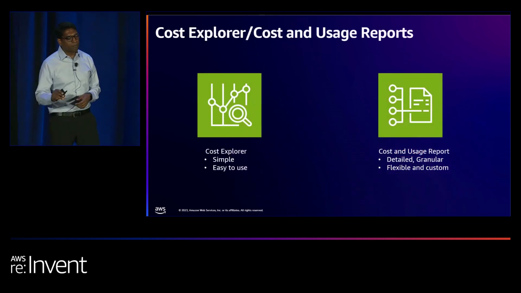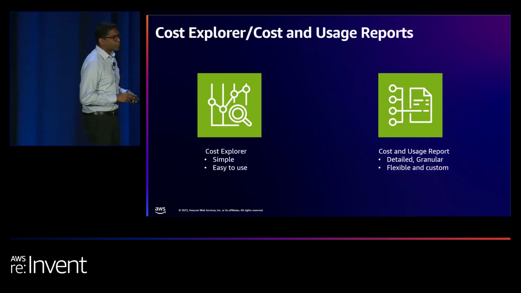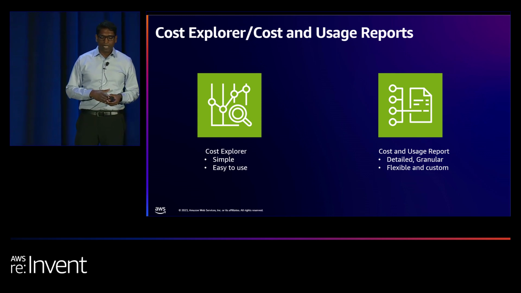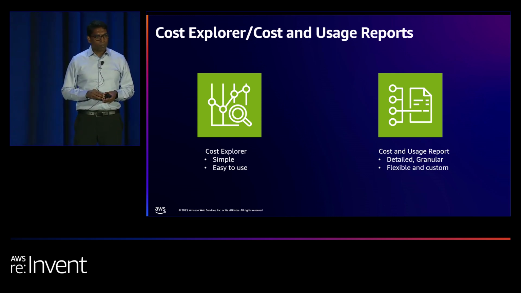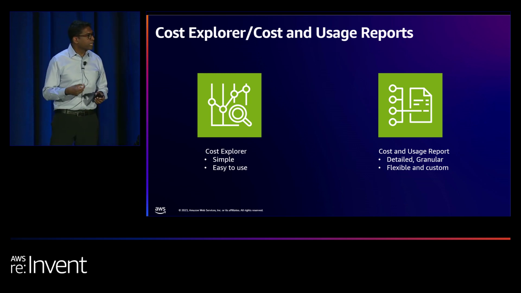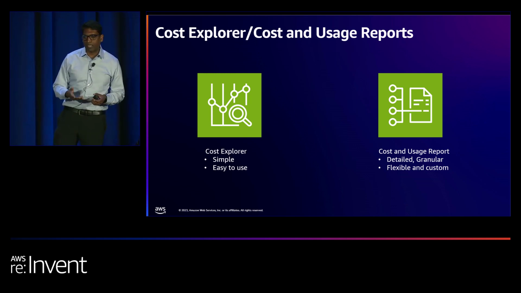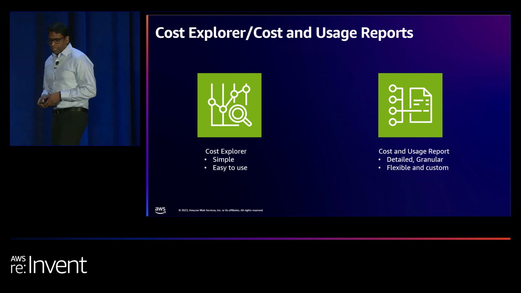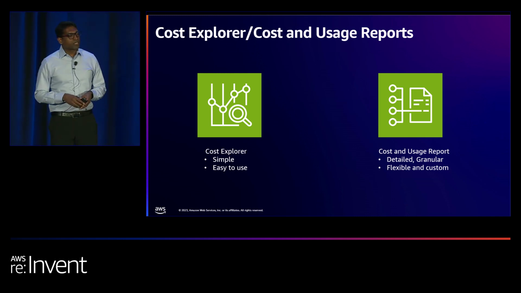And we have a couple of cost analysis tools within AWS. You can use Cost Explorer, which will provide the cost and spend for individual services as well as the member accounts within your organization. It's simple and easy to use, and it's automatically available. The second is the cost and usage report.